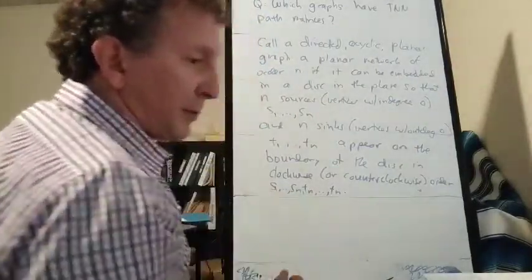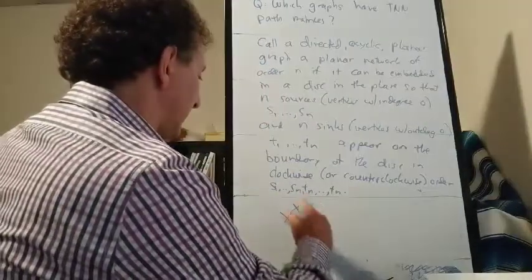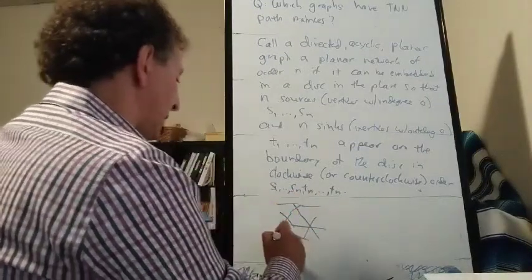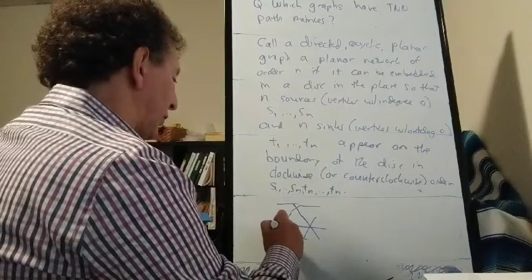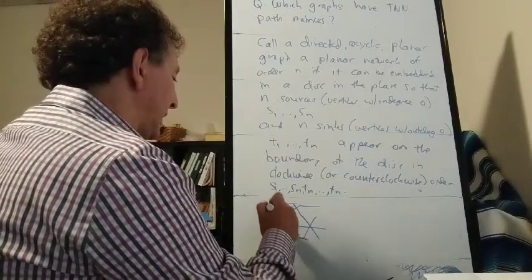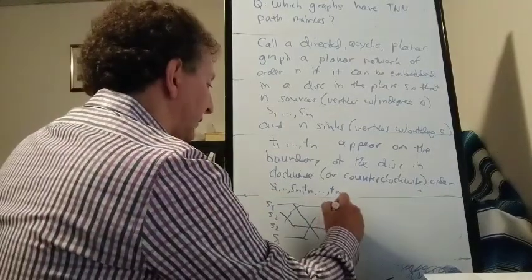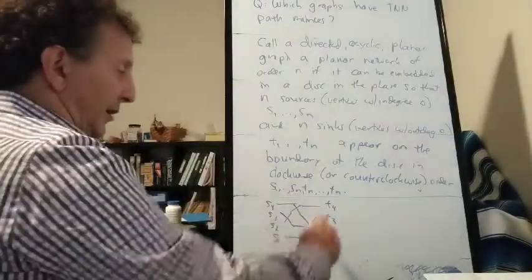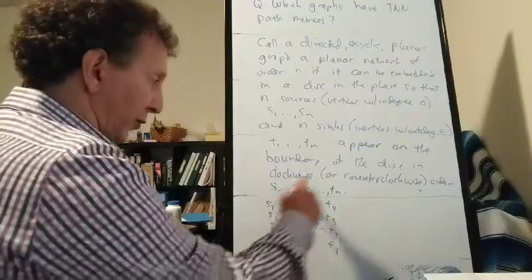So if we look at our example again, we had the sources S1, S2, S3, S4, T4, T3, T2, T1 in clockwise order, 1 through 4 and 4 through 1.